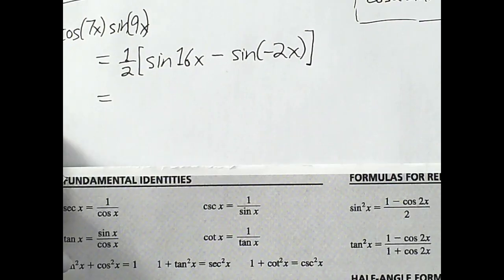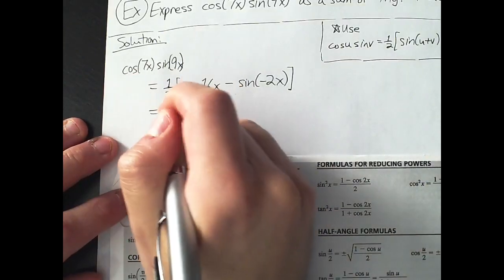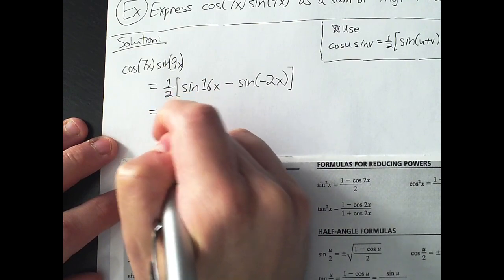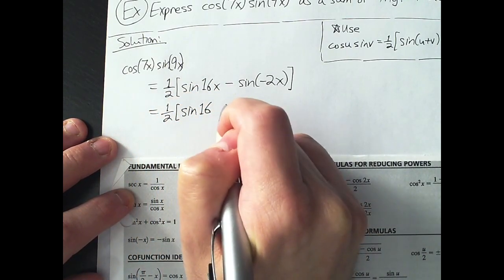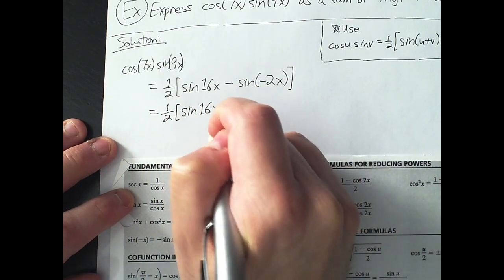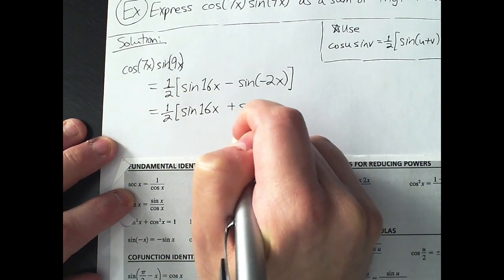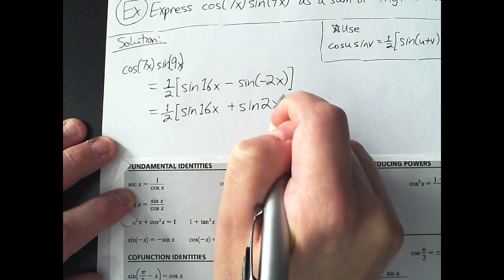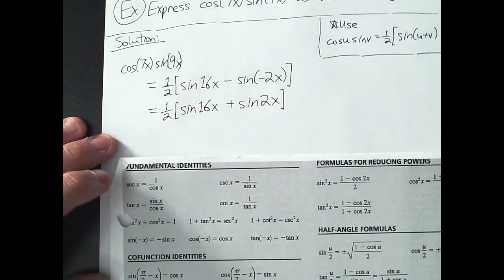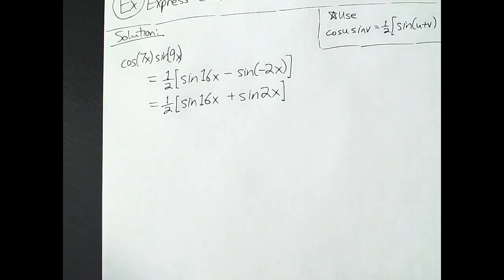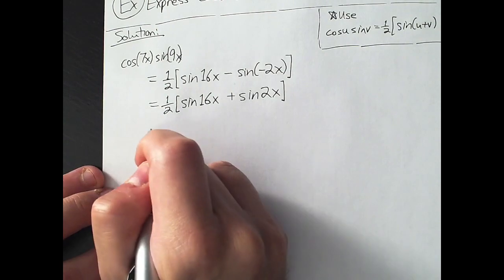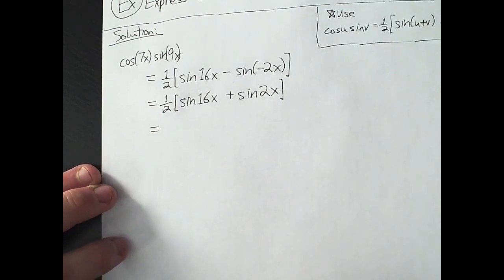So this is going to be 1/2 sine 16x. When you pull the minus sign out, it gets multiplied by the minus that's already there, so you get plus sine 2x. Oh, that was pretty cool, right? Look at that. Using a fundamental identity to flip the minus to a plus. Did we write it as a sum of trig functions?